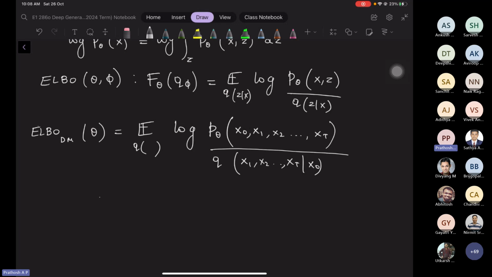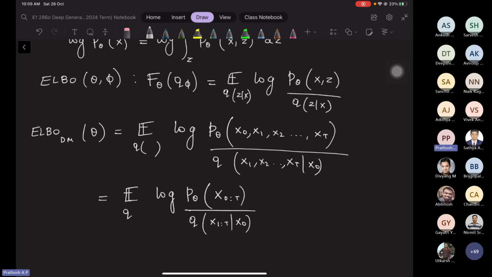Now we'll just shorten this down. Please pay a little more attention today because it's notationally heavy. It's not difficult, but if you miss one notation, it'll all be gone. I'll write this as x0 to T because I can't write 1 to T all the time, divided by q of x1 through T conditioned on x0.